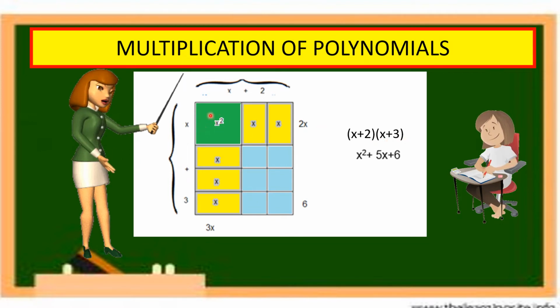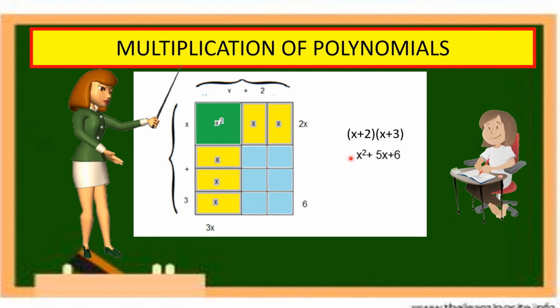The area of this one is x squared. This is x, 1x, 2, 3, 4, 5. We have 5x. And we have 1, 2, 3, 4, 5, 6. So x plus 2 times the quantity of x plus 3 equals x squared plus 5x plus 6.